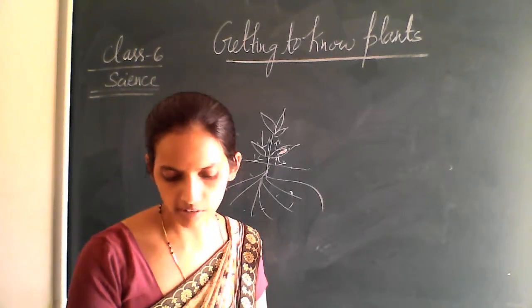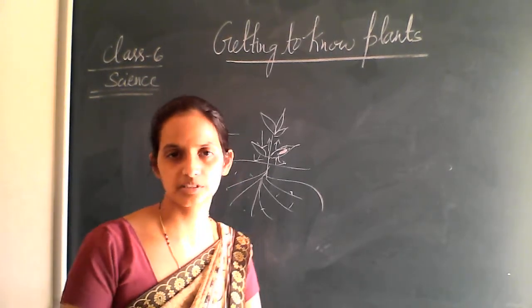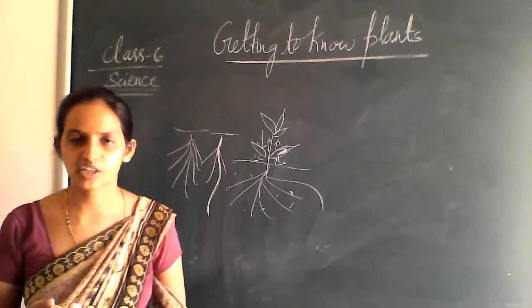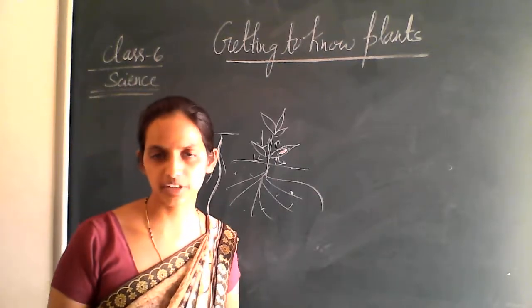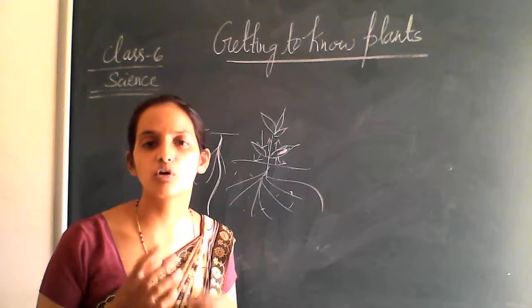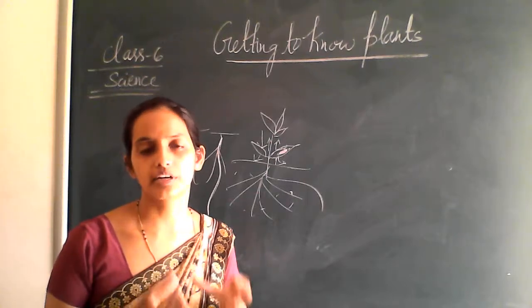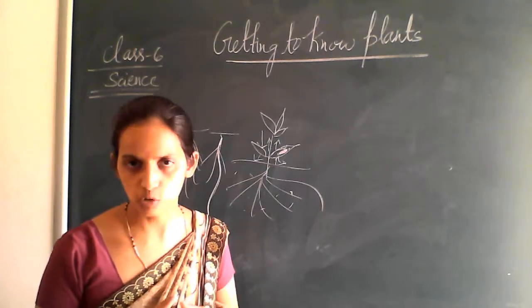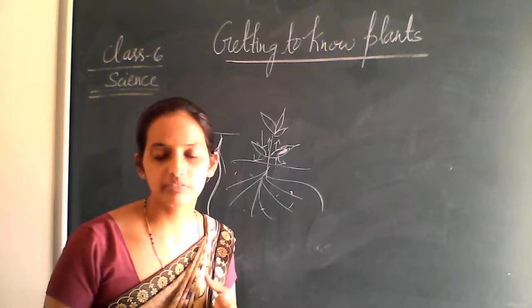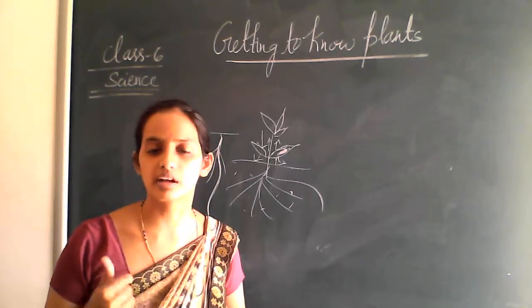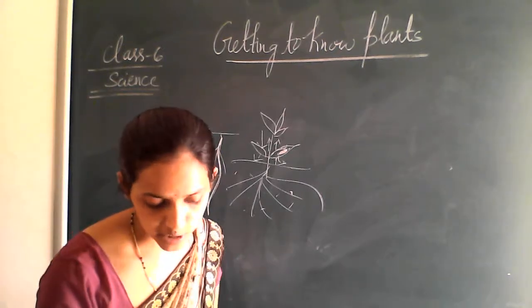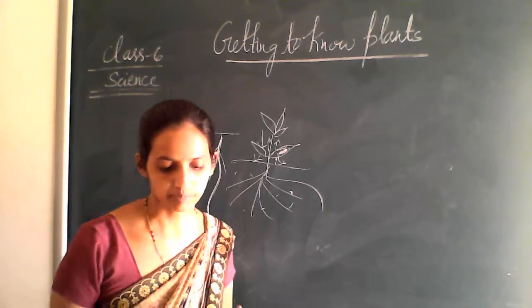Then you have studied about the leaf and its different types of venation. We have reticulate and parallel venation, and the leaf is the site for photosynthesis, where the leaves are going to prepare food. Okay, the two terms you have studied, transpiration and photosynthesis.